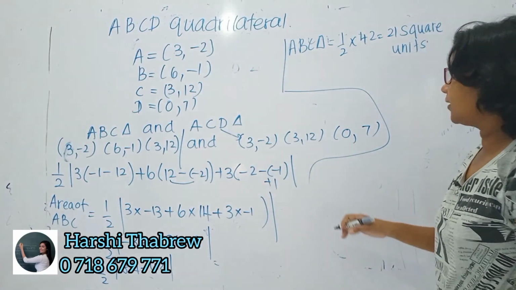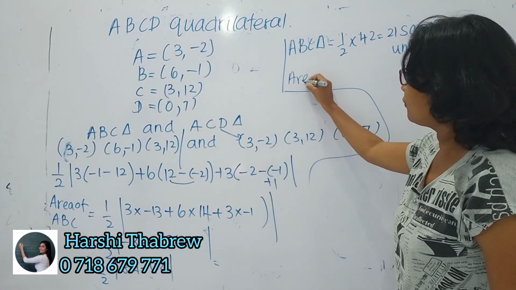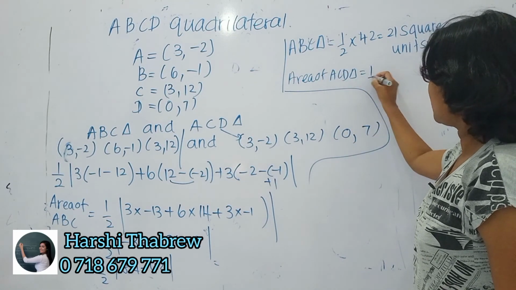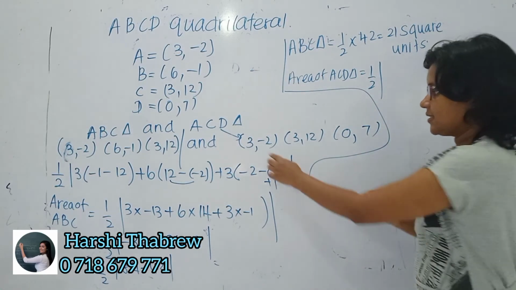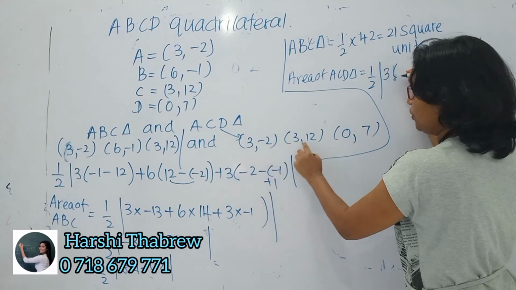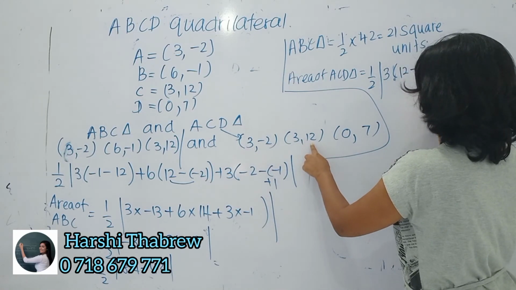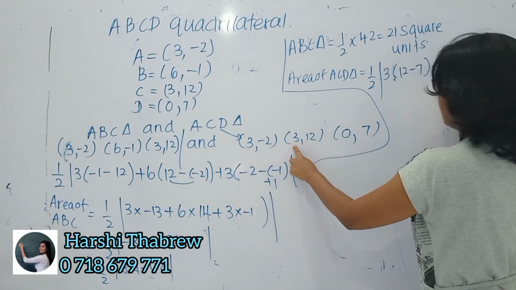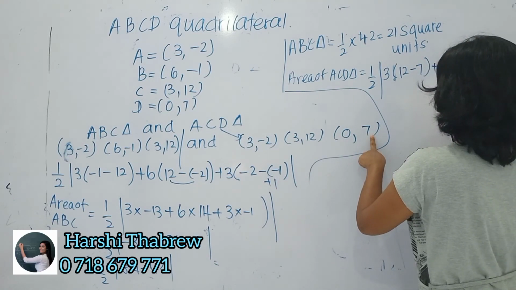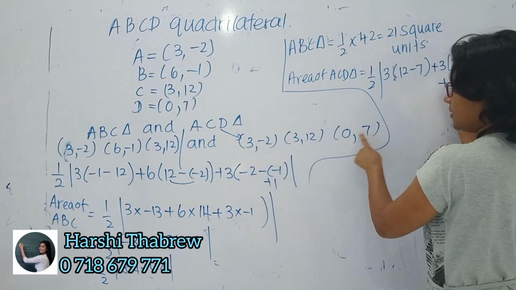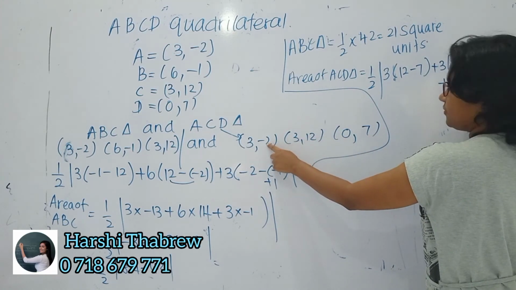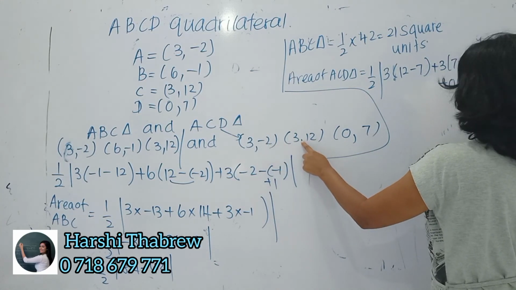Then area of ACD triangle, half times modulus. Then select this: 3 into 12 minus 7 plus 3 into 7 minus 2 plus 0 into negative 2 minus 12.